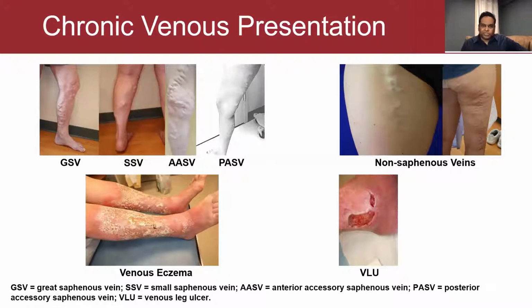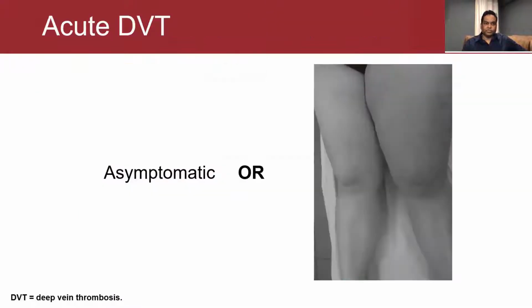And typically this is associated with a pelvic issue such as iliac vein obstruction or gonadal vein reflux, which we'll talk about in a bit. Other than the varicosities, skin changes such as profound eczema and venous ulcerations are also seen in chronic venous disease forms, whether it is from superficial venous disease or from deep venous disease related to post-thrombotic syndrome.